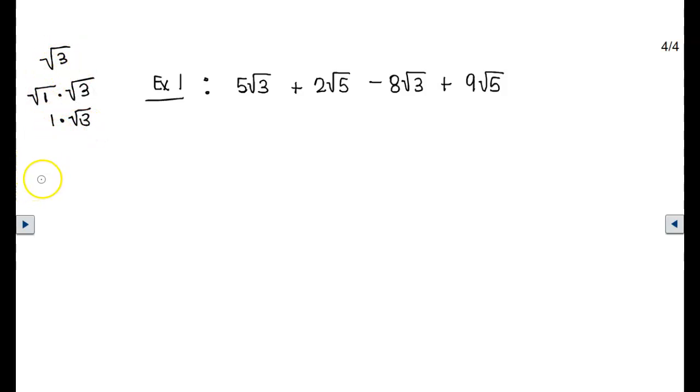That's not going to simplify. Same thing happens when I try to simplify the square root of 5. When I break it down, it becomes the square root of 1 times the square root of 5. The square root of 1 is just 1, and 1 times the square root of 5 is just the square root of 5. So none of these radicals up here can be simplified.